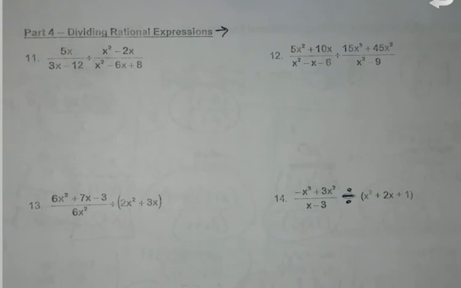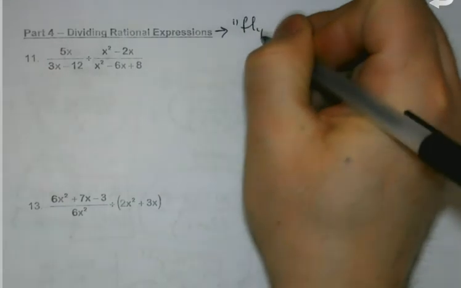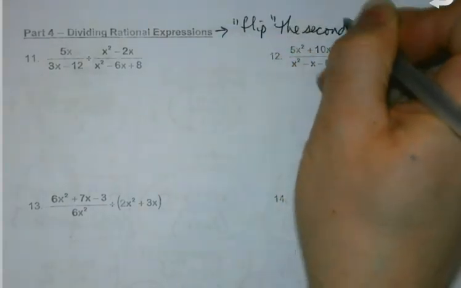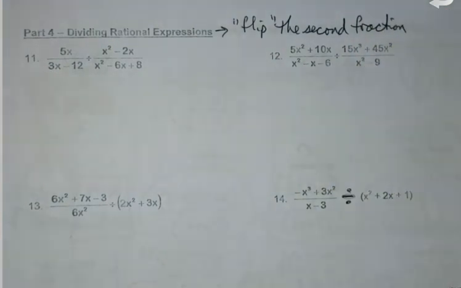So once we get into this, when we divide, we're going to flip the second fraction. And yes, it needs to be the second one. It's like when you're multiplying by a fraction. We always say if you're dividing by a fraction, you can multiply by its reciprocal. That's actually what we're doing here.